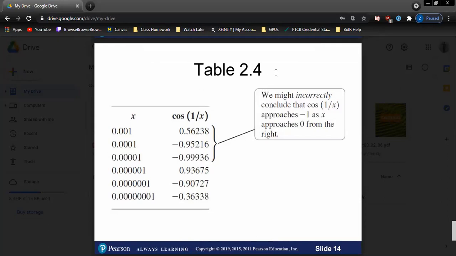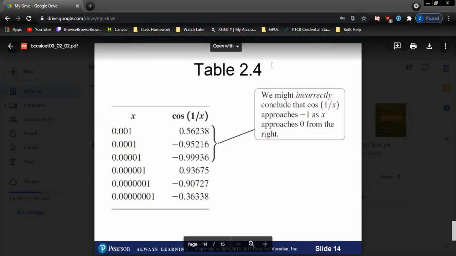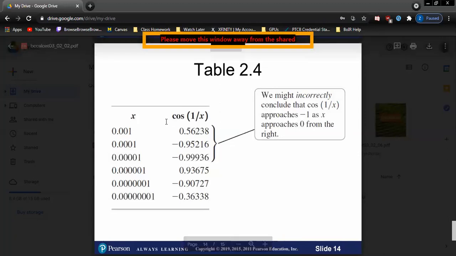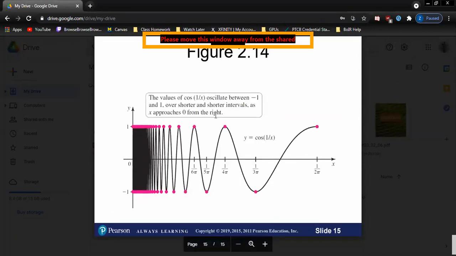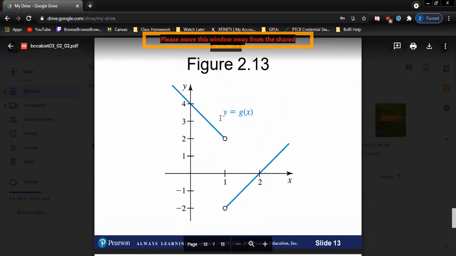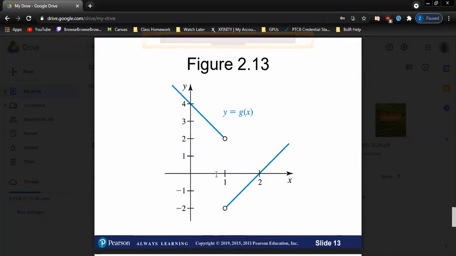Let me use the previous graph, not this one. Not this graph, by the way, I'm just showing the real number line. So you'll start from somewhere here, and go slowly towards 0 to see where your graph takes you.